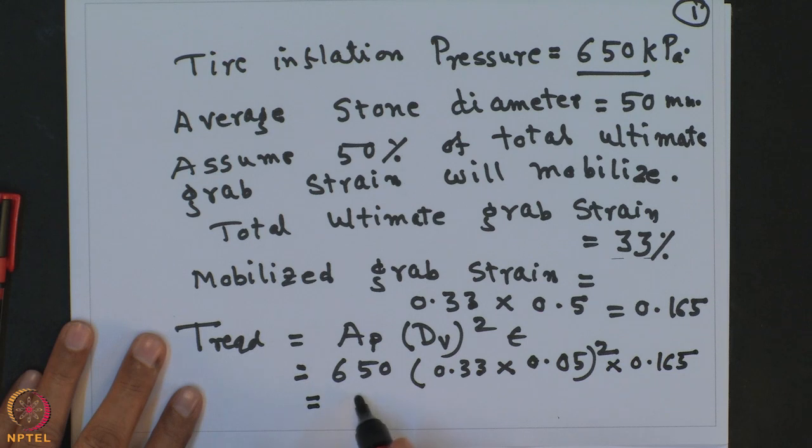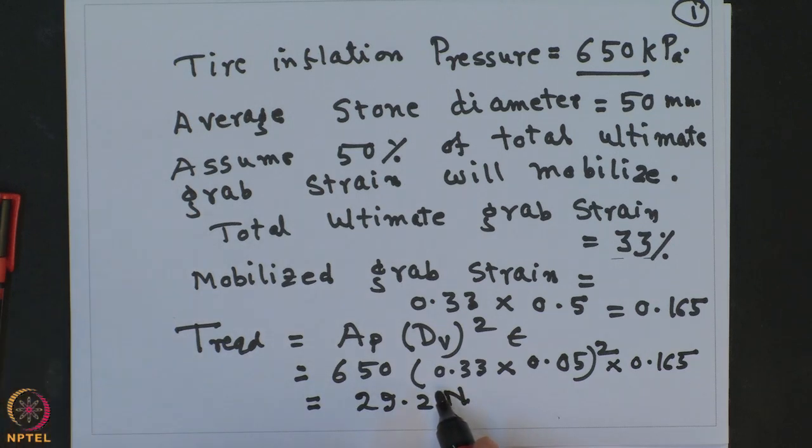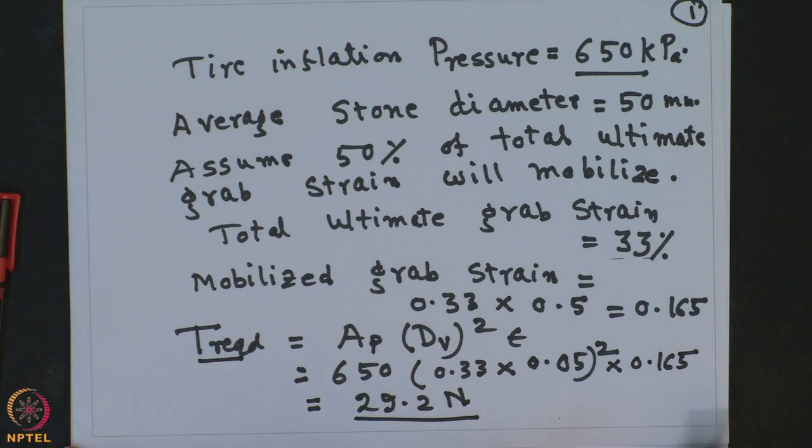So, this will give you 29.2 Newton. This is the calculation for the grab tensile test. So, T required is equal to 29.2 Newton.